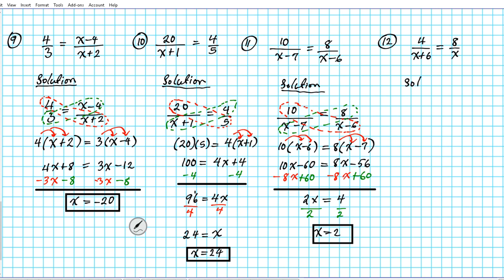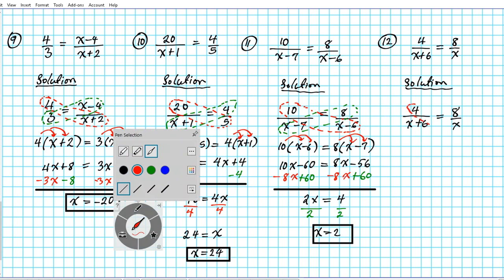Alright, so let's go ahead and do that. We're going to start by writing the problem, and then we're going to use the star method or cross multiplication to get rid of the denominator components.